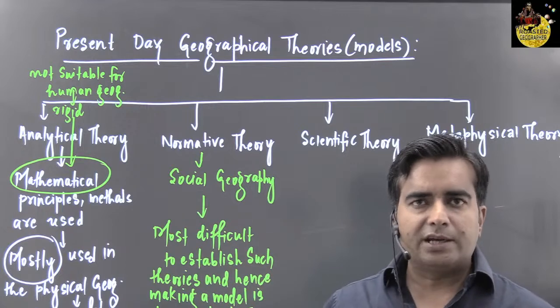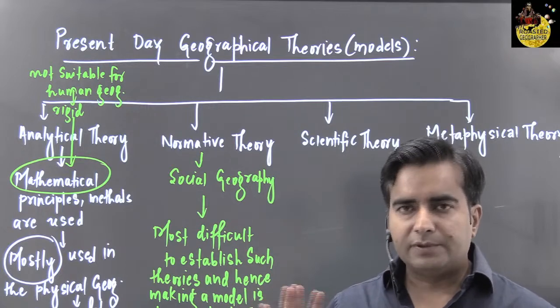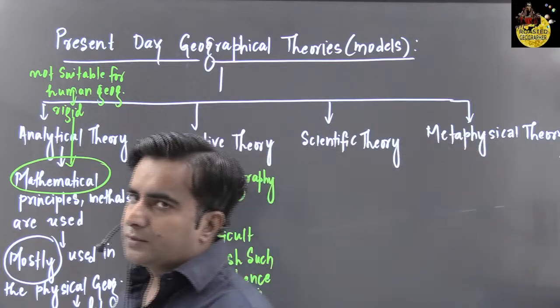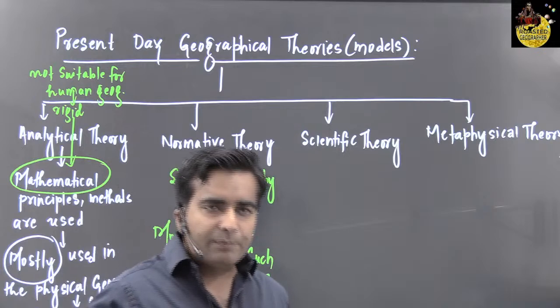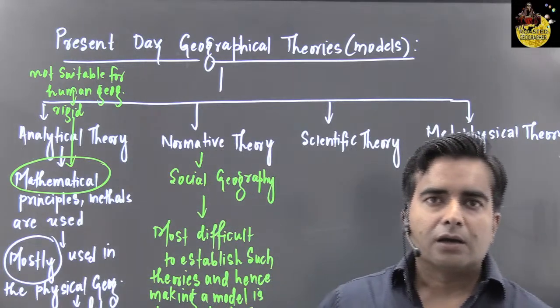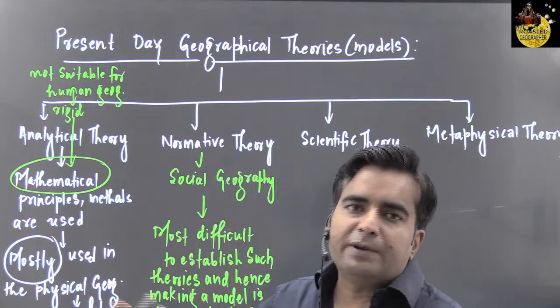हमने जो theories पढ़ी है उसमें पहले भी आप देख चुके हैं कि that principle was used. So the first person who used such a principle was John Buss. He proposed that principle, distance decay principle, for the developing countries.